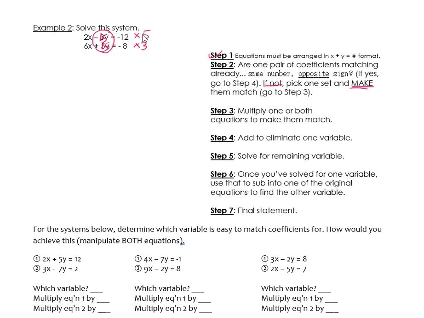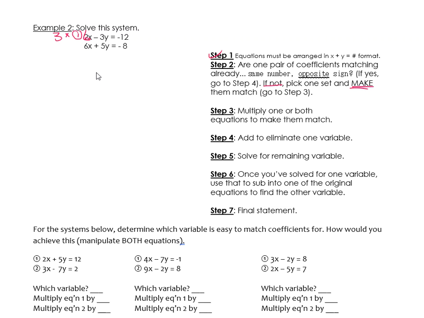But I can make it easier than that, because the 2 and the 6 can match if I just take equation 1 and multiply it by 3. That'll give me a 6 here, and that's what I want.